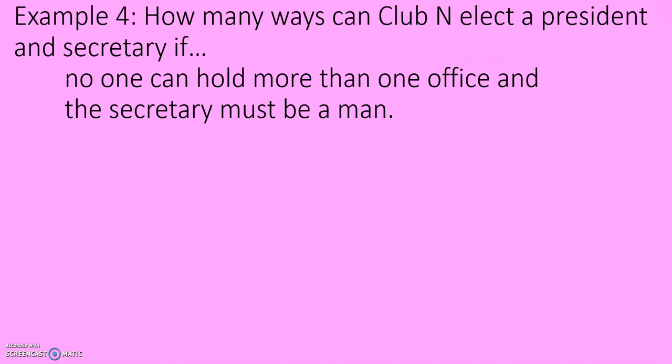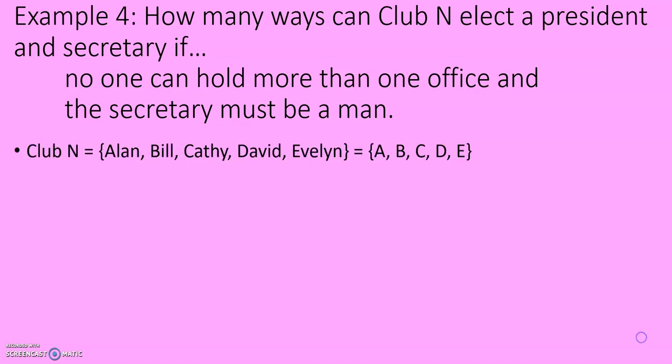However, consider Example 4: how many ways can Club N elect a president and secretary, if no one can hold more than one office, and the secretary must be a man? Remember that Club N is Alan, Bill, Kathy, David, and Evelyn.